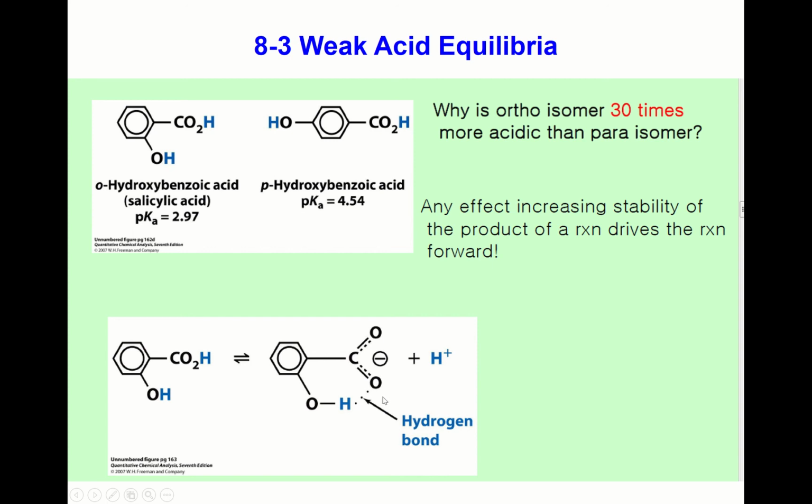The ortho form makes this kind of hydrogen bonding, you see, a kind of hexagon. But for para hydroxybenzoic acid, such hydrogen bonding doesn't take place, so this anion cannot be stabilized. That's why the ortho form is more acidic.